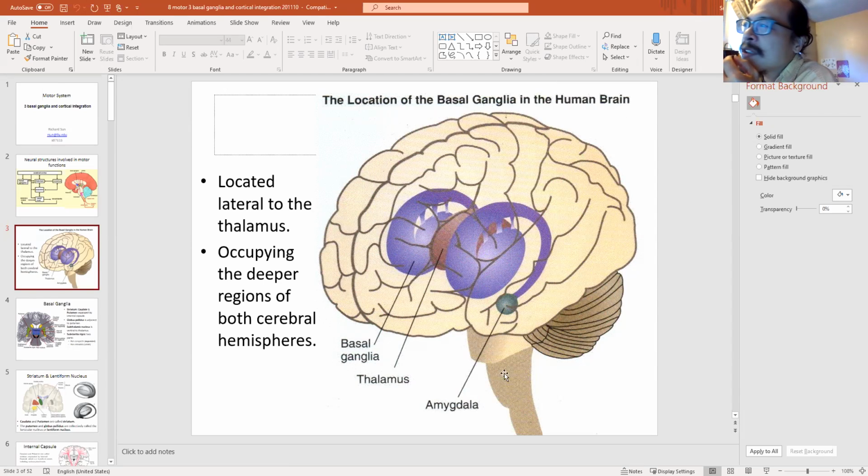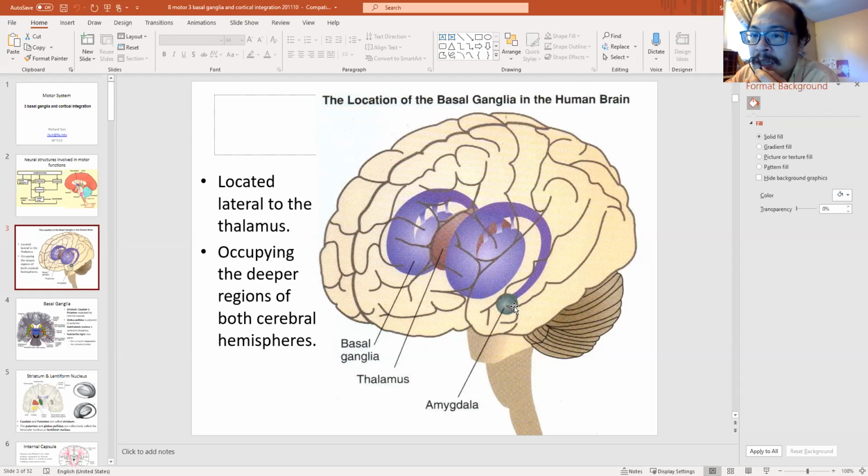This amygdala, even though it's very near the basal ganglia location-wise, is not part of the basal ganglia, because the basal ganglia has its circuits, and this circuit is about movement, about motor control.